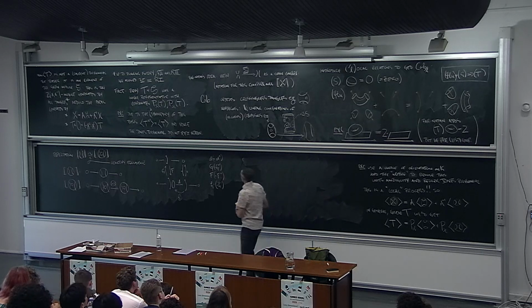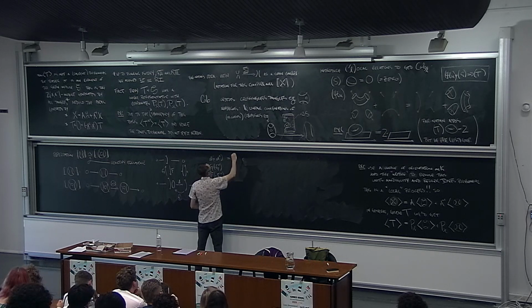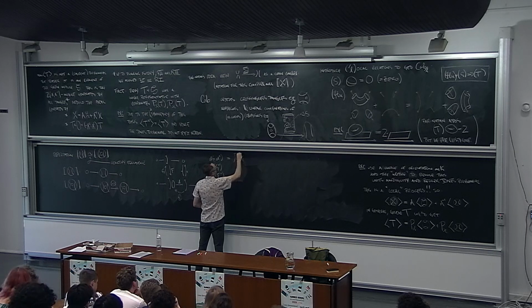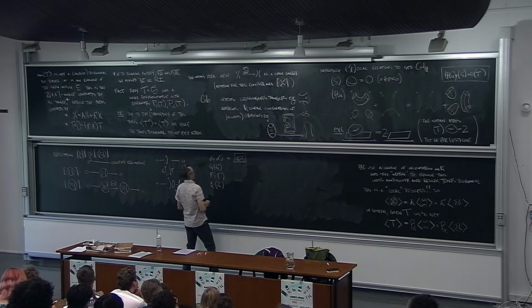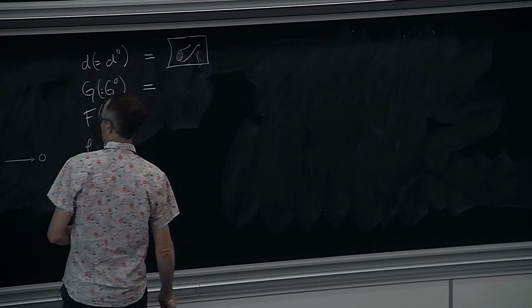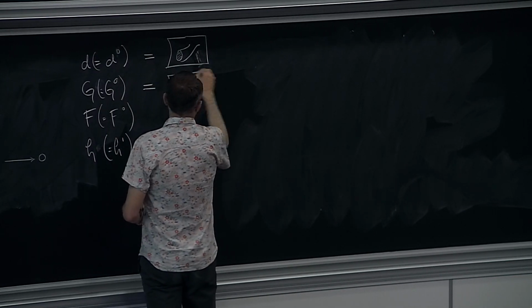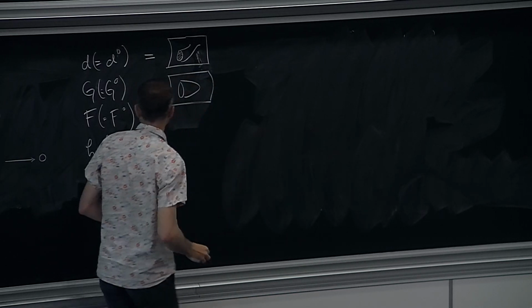Okay, so let me tell you what these cobordisms are. D, we know what it is. This is a cobordism that takes a handle and attaches it to that sheet that's running along. Everything is running left to right. G just caps off that disk.